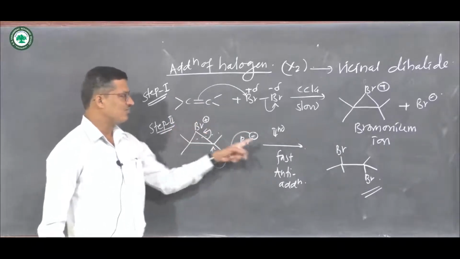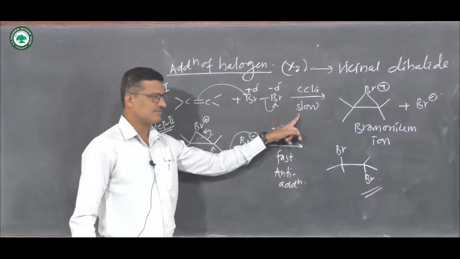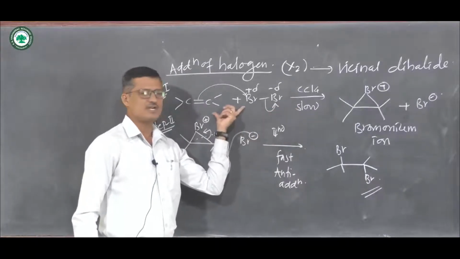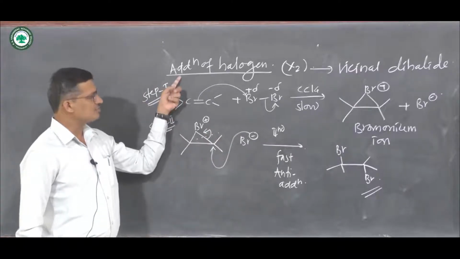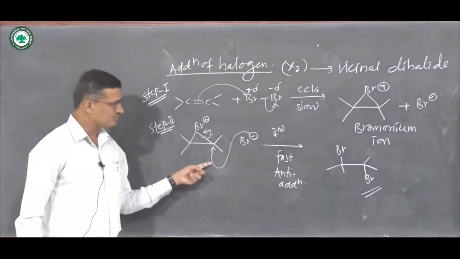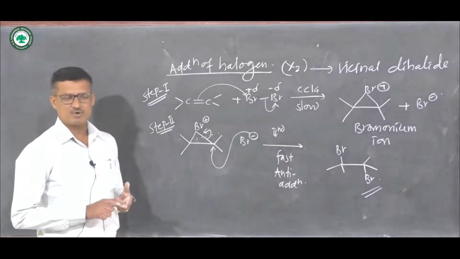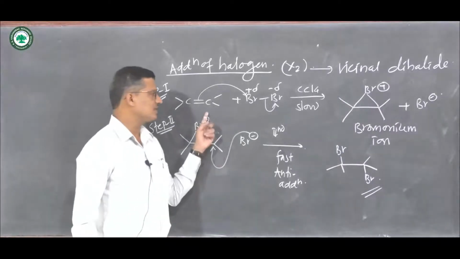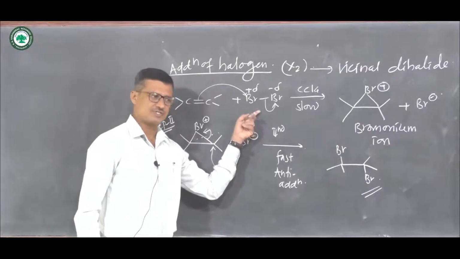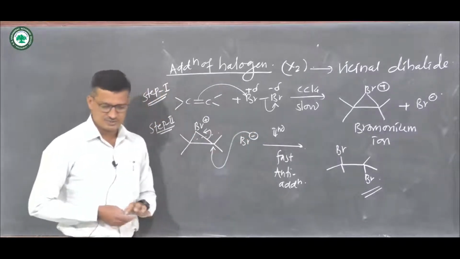The first step is a slow step, and in the slow step both molecules take part in the reaction. So in addition of halogen, the support is that it is a bimolecular reaction, because the rate of the reaction depends on the alkene as well as the reagent, Br2. That is the first support.